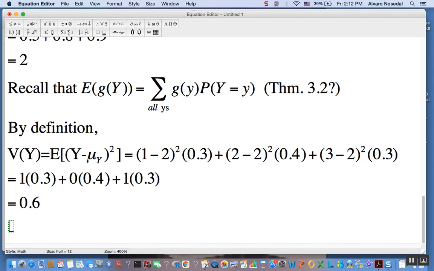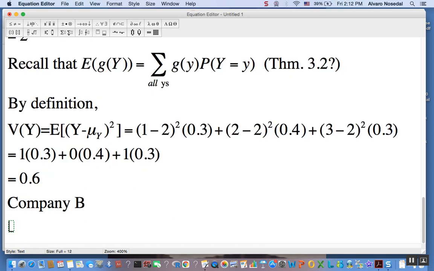Now, for company B, what I would like you to do is this. You know that our ultimate goal is finding the variance of the random variable y in the case of company B. What are we going to be doing? We're going to be using the definition to find the expected value of y in the case of company B, right?